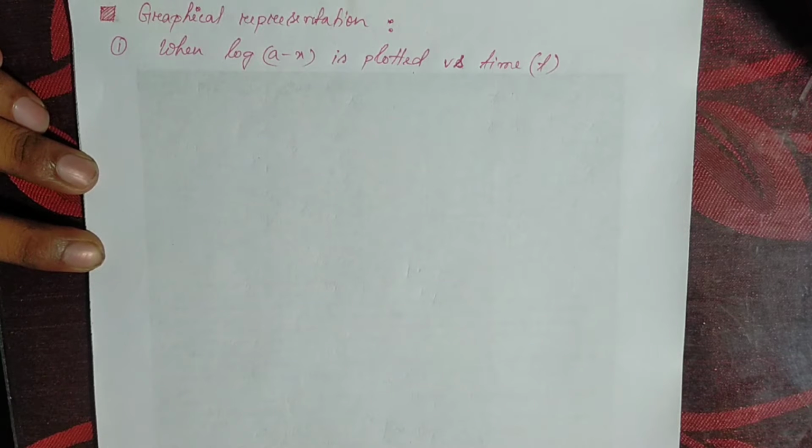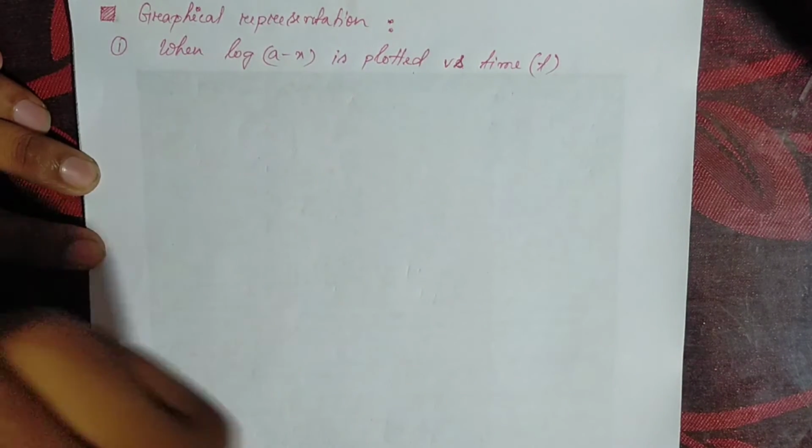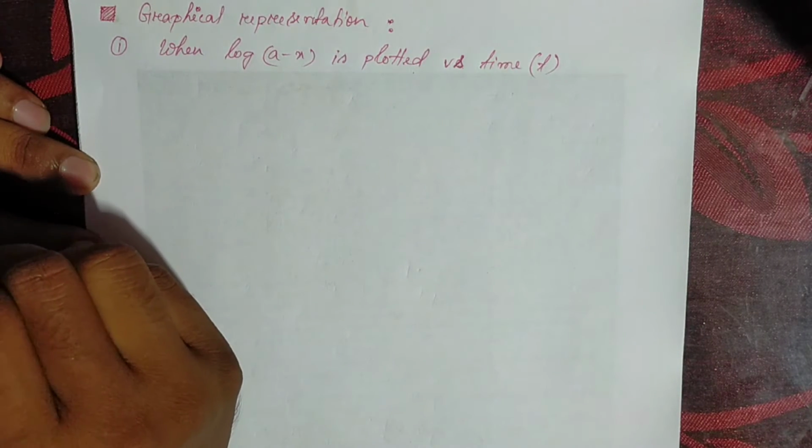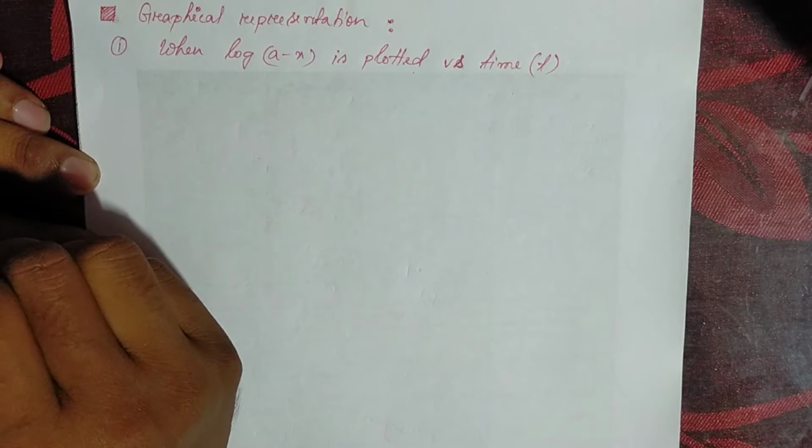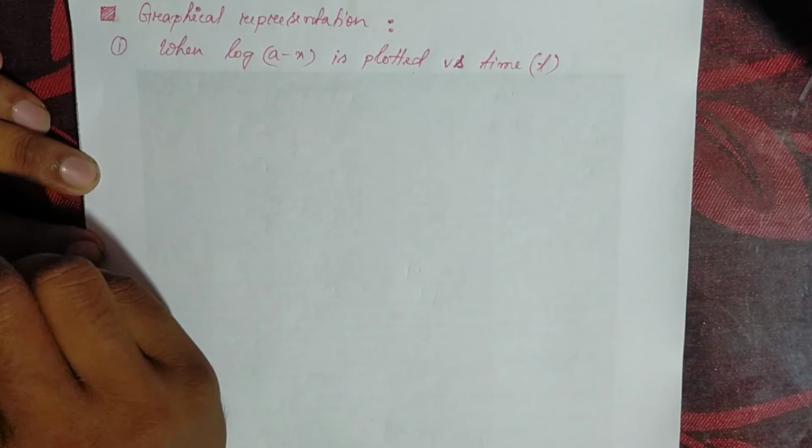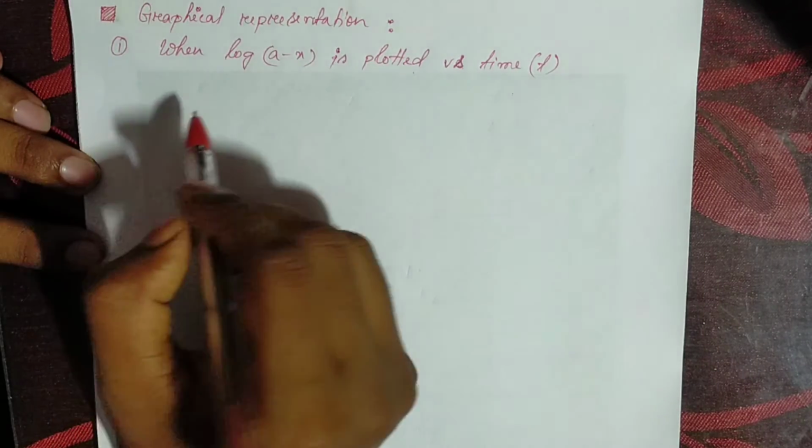Next, when we plot log a minus x versus time, what will be the graphical representation? First of all we have to know the general equation for first order reaction, and only then can we evaluate the graph.